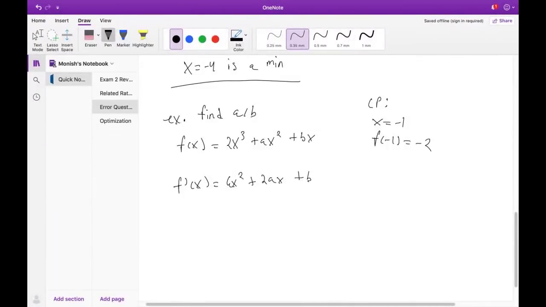And we know that this is going to be equal to 0. And we're given an x value as well. So we know that it's 6 times (-1) squared plus, we don't know what A is, we don't know what B is.